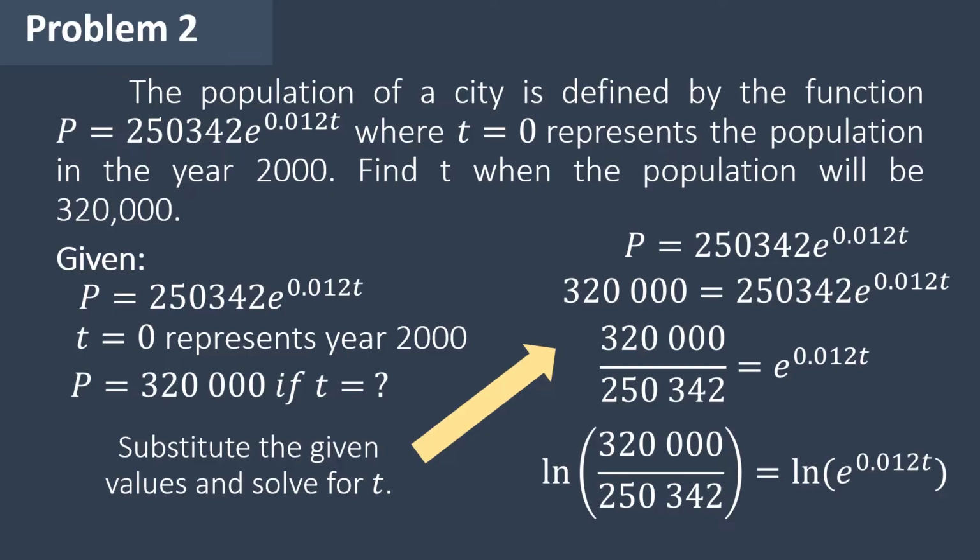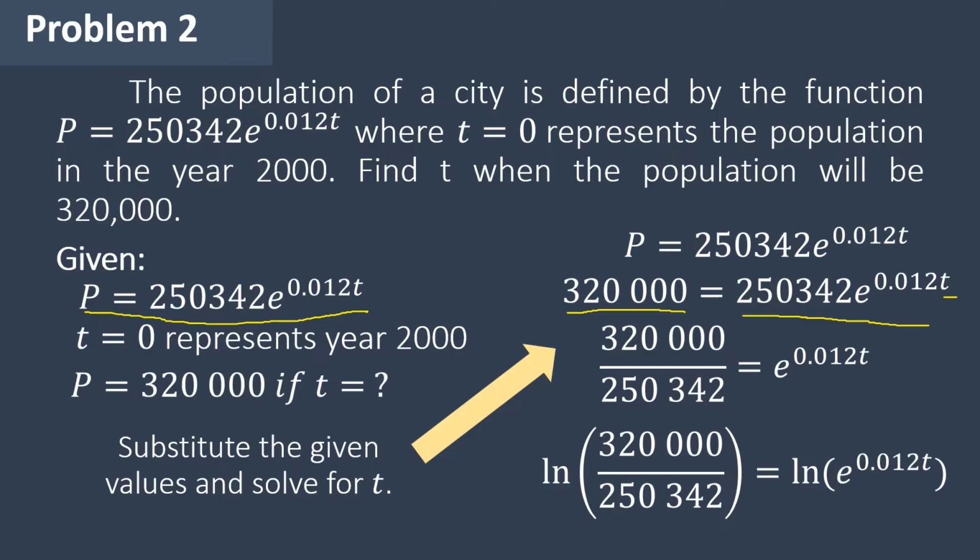So, in this case, yung missing natin would be the value of the time. So, since given na yung formula natin, we're going to make use of this formula and we're going to substitute yung mga given natin. Nakalagay na dito yung value ni P which is equal to 320,000. So, yung hahanapin na lang natin is yung value ni T. So, si T yung nawawala this time.